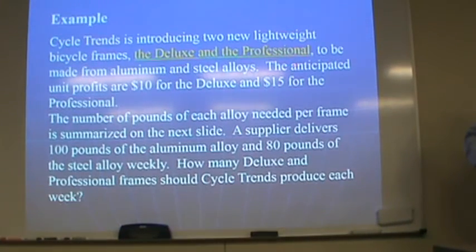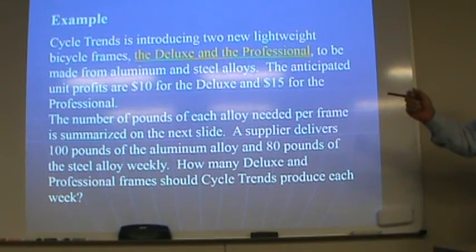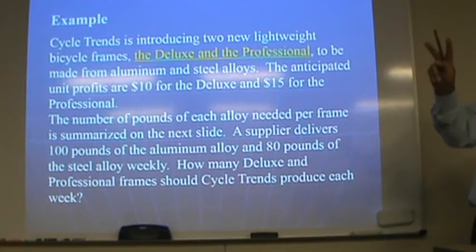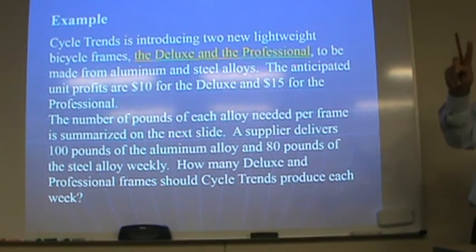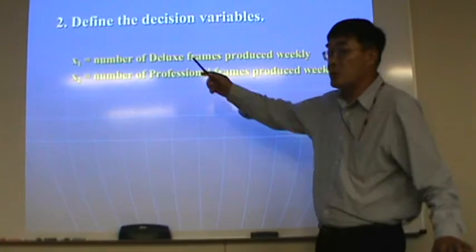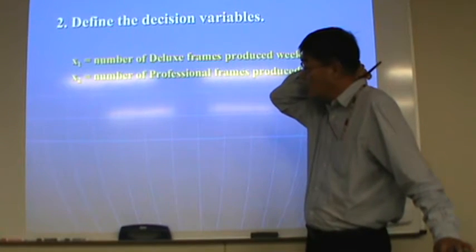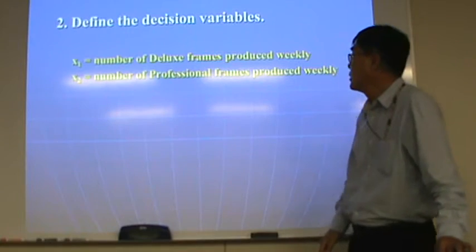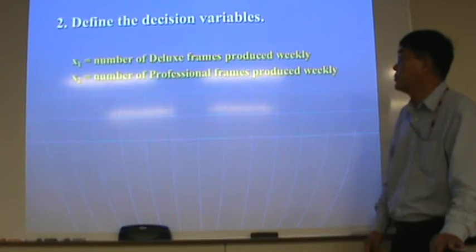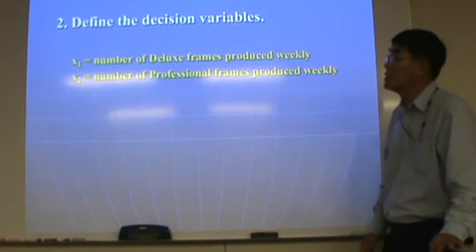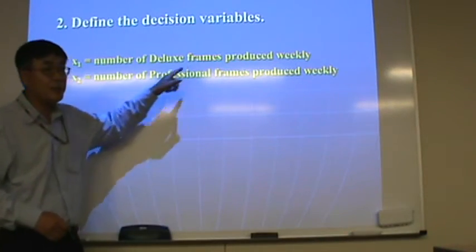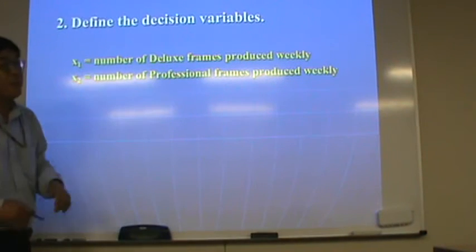So, how many products does this company produce? There are 2. So we need 2 decision variables, x1, x2. x1 is the number of deluxe frames produced weekly, x2 the number of professional frames produced weekly. Or just simply x1 equals deluxe frames, x2 equals professional frames.